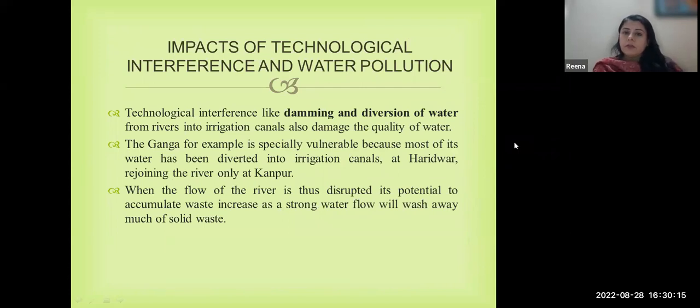Then coming to impacts of technological interference and water pollution, there are technological interferences like damming and diversion of water. It is one of the activities which many times comes in the news, and many projects have been stopped wherever there have been major implications to biological diversity as well as the indigenous people and tribes located in those dam areas, and wherever diversion of waters was required from rivers and canals.